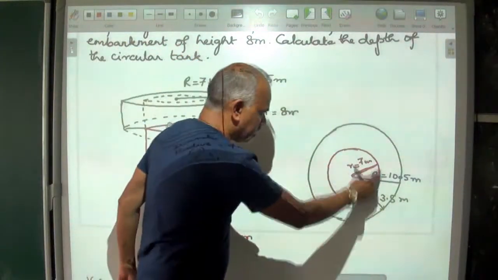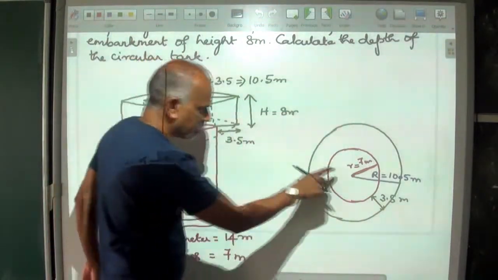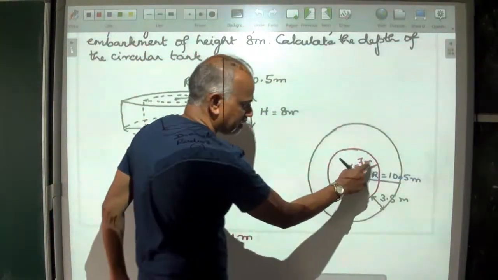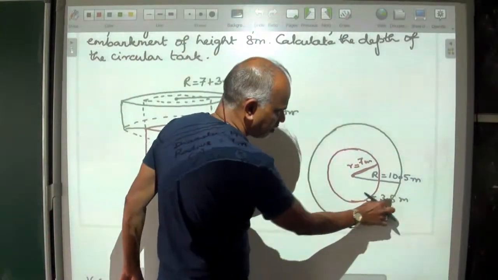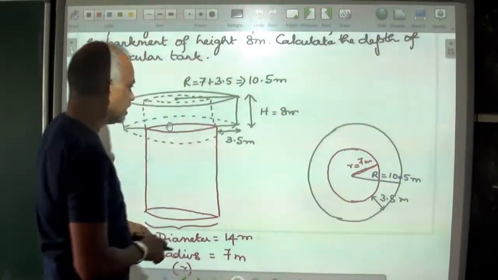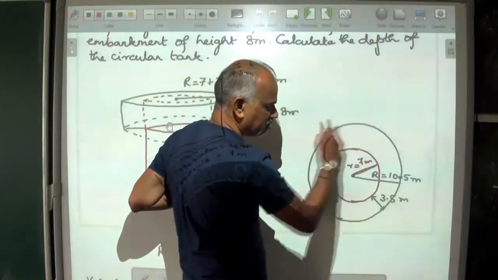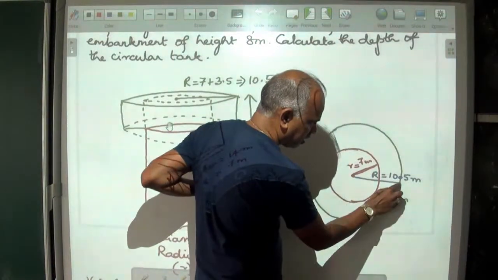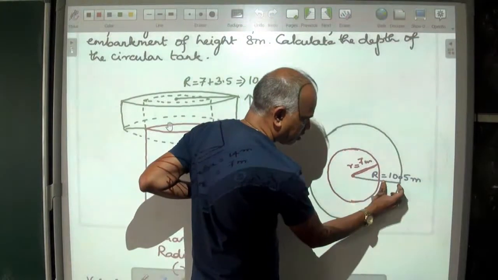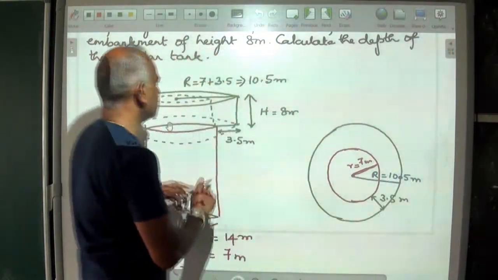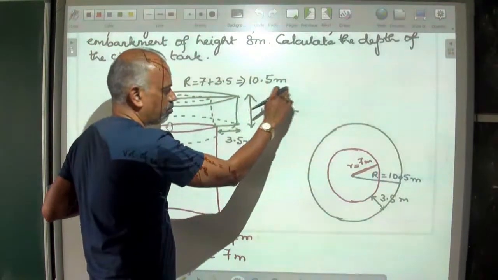The red one is the circular tank that you are digging, whose radius is 7 meter, small r is 7 meter, and the width of this embankment, that is this much, is 3.5 meter, which means the radius of the green circle which you are seeing is from here to here. This much is 7 and this is 3.5. 7 plus 3.5 gives you 10.5. I have written here, that's capital R is 7 plus 3.5, which is 10.5.